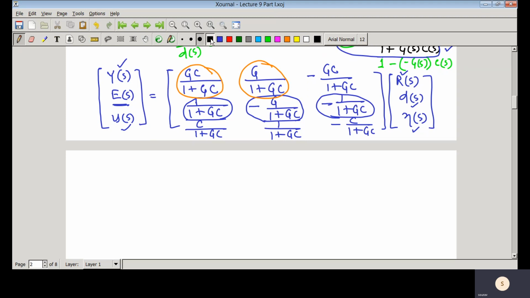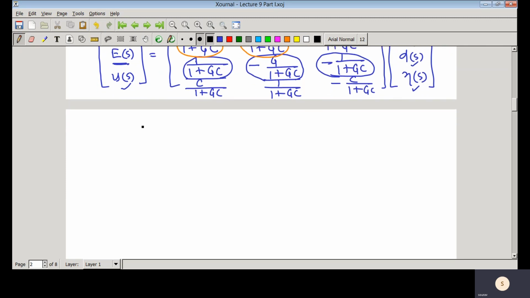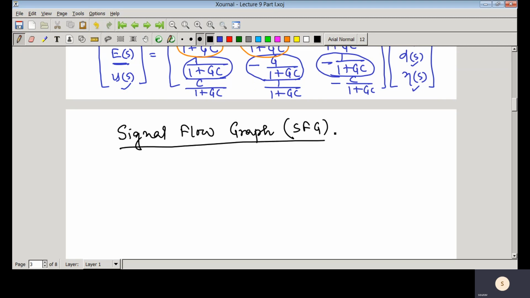This is a new modeling technique, a framework called signal flow graph. In abbreviated form, it is also known as SFG, signal flow graph.